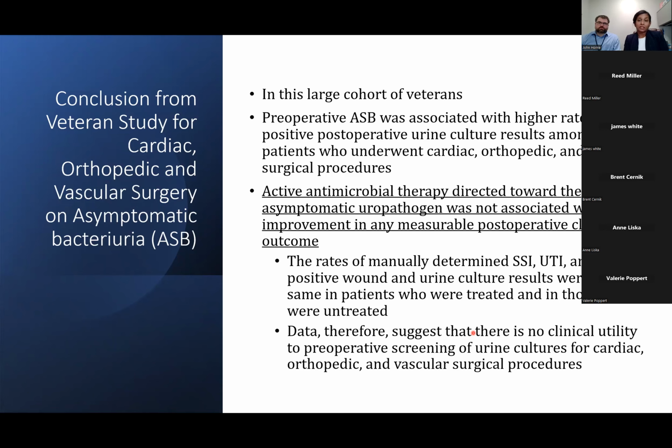The data determined that surgical site infection, UTI, and positive wound and urine culture results were the same in the patients who were treated and those who were untreated. Data therefore suggests that there's no clinical utility in preoperative screening of urine culture for cardiac, orthopedic, or vascular surgery. So it's really important in our facilities we change practice. If there are protocols, change them to not check urine before any of these procedures as well.